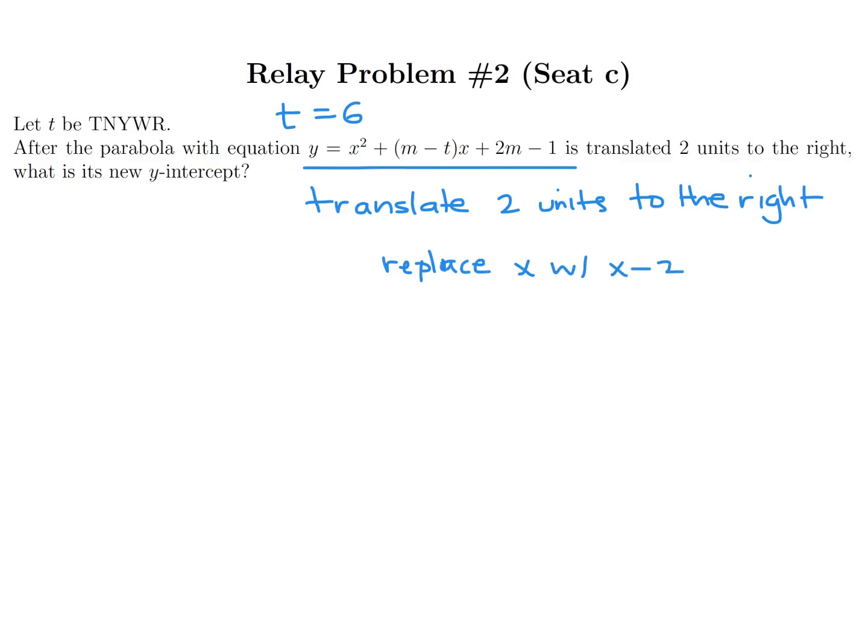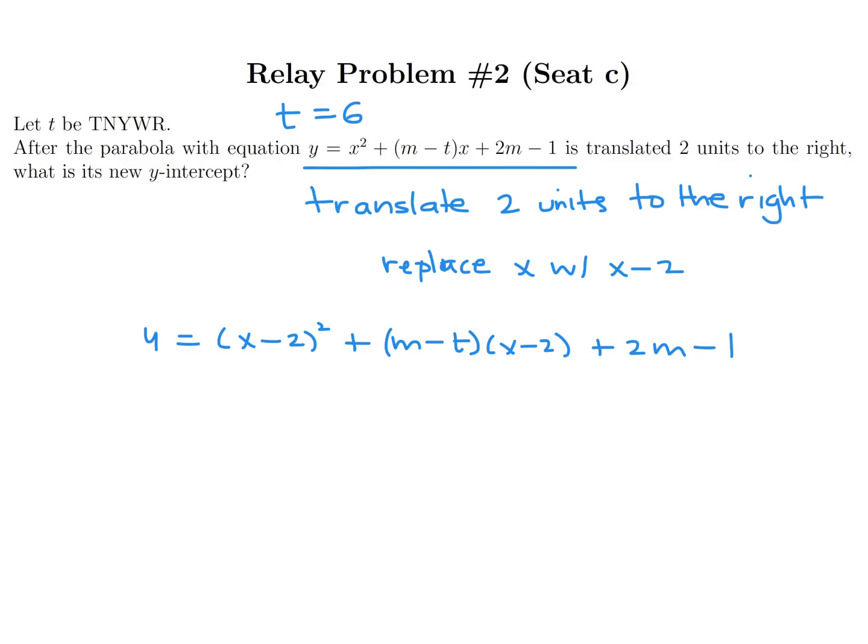So you take this equation and then (m minus t)(x minus 2) plus 2m minus 1, and then just kind of go from there.